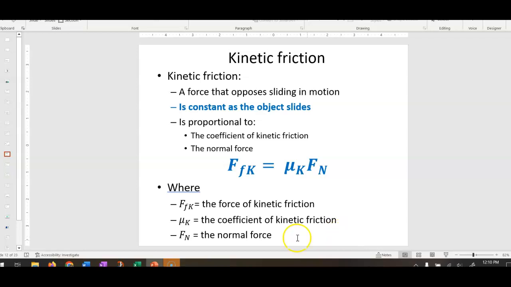But one thing that's different is that now we're using k subscripts to represent that we're in the kinetic realm. But notice here, there's an equal sign. It doesn't say less than or equal to. Kinetic friction is always constant. As long as the object is moving, it doesn't matter how fast or anything like that. As long as the object is moving, kinetic friction is a constant value.